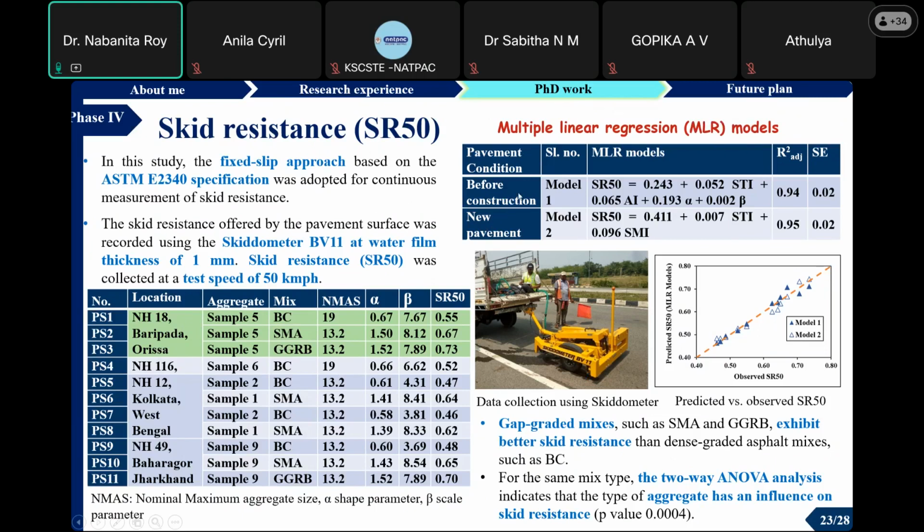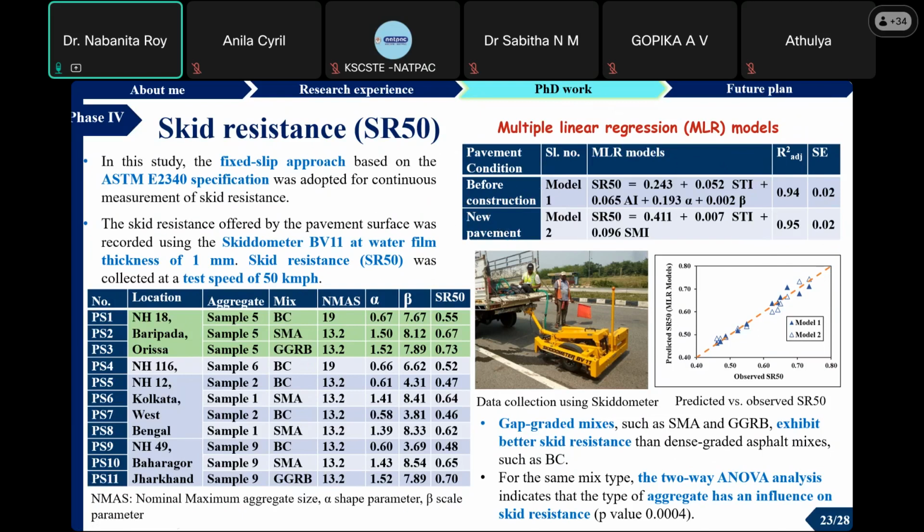Now, based on all the data, I have developed two models. One is before construction, another one is just after construction, new pavement. So before construction, what are the parameters I have taken? I have taken surface texture index, that is aggregate microtexture index, angularity index, and gradation parameters, what I have just now discussed, like scale parameter and shape parameter.